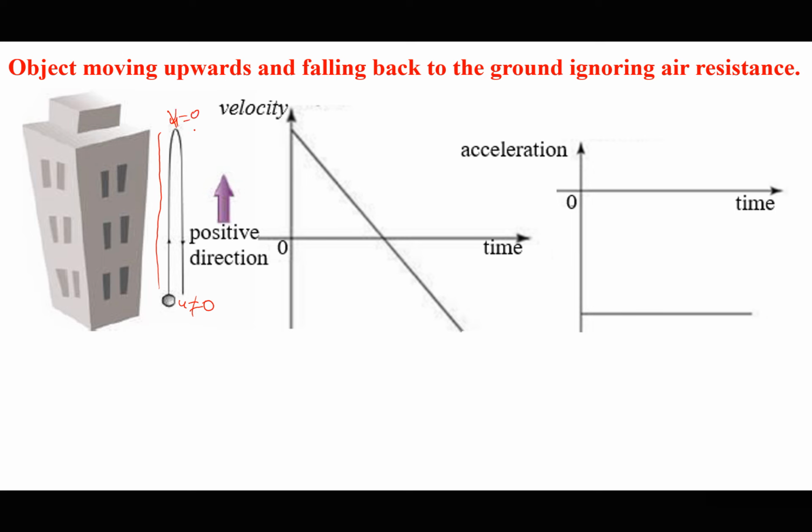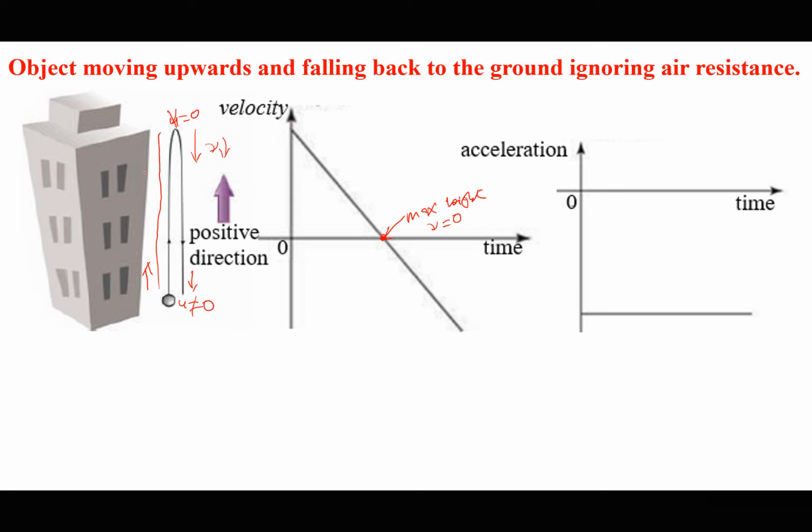Then now it falls, it moves in the opposite direction. So if upwards is positive, downwards should be negative. So the line should go to 0 because this is at maximum point. This is at maximum height. At maximum height, v becomes 0, and then it changes direction. So when it is changing direction, here velocity increases.